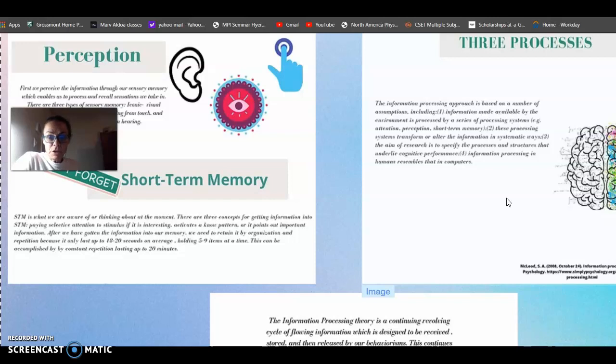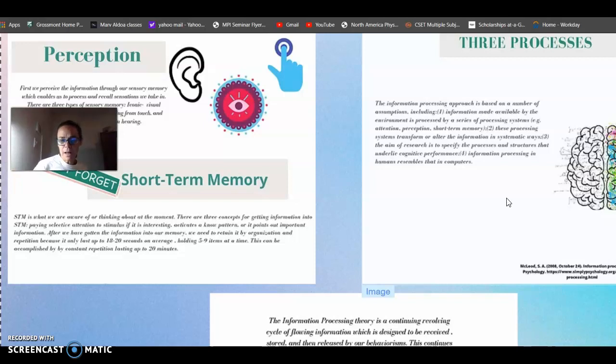Information processing in humans resembles computers. You're going to use a computer and you have to go in and type, and you have to do certain steps for the computer to acknowledge what you're doing and then remember how to do it.